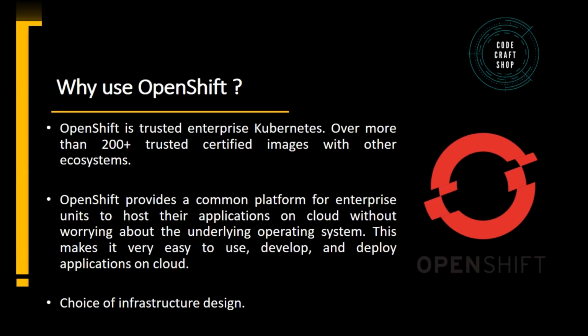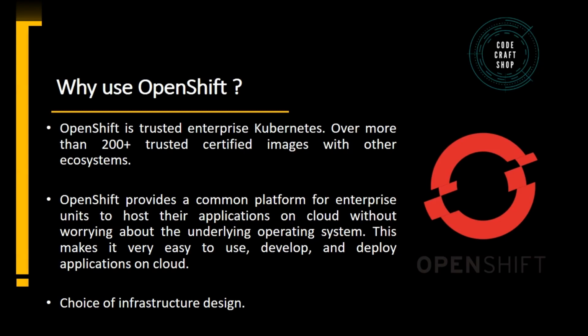So in order to meet those requirements, their applications can be on different platforms. OpenShift provides all those platforms within itself. It provides a common platform through which different companies can host their applications on the cloud in the same manner.